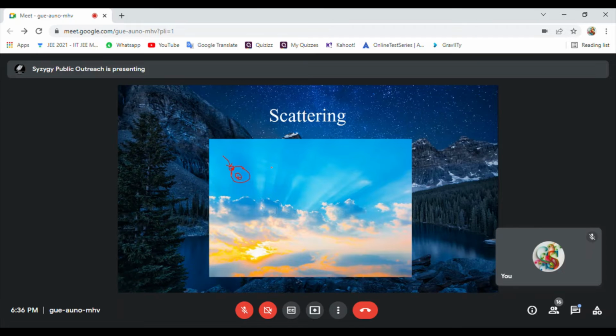Another interesting thing is that this phenomenon occurs in our atmosphere. It is called Rayleigh scattering. The shorter the wavelength, the higher the Rayleigh scattering. That means it is greater for blue and violet light.